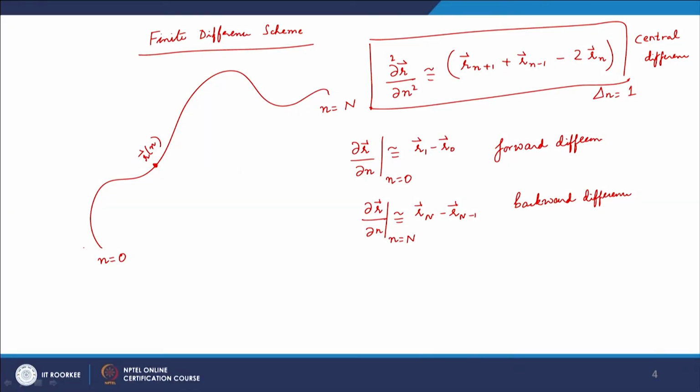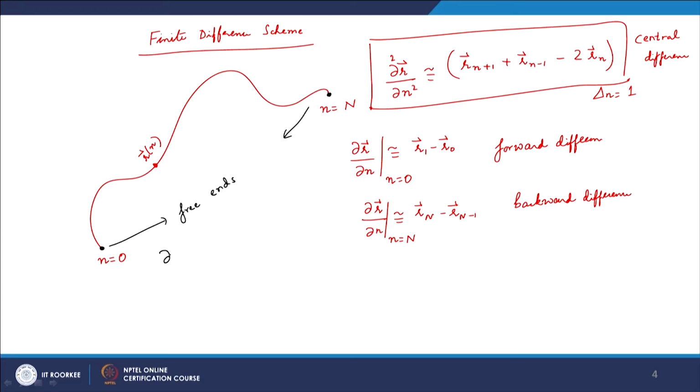So, we will do a trick here, and the trick is that if I look at these two ends, they are essentially free ends. And since they are free, there is nothing before them. So, any gradient that is present there should vanish at the free end, that is, there is nothing before this, nothing after that.